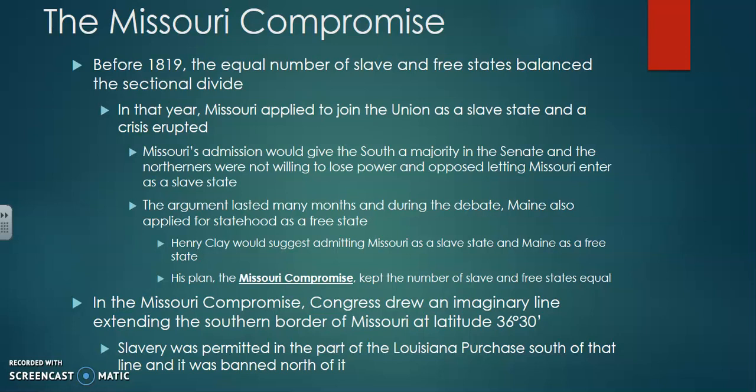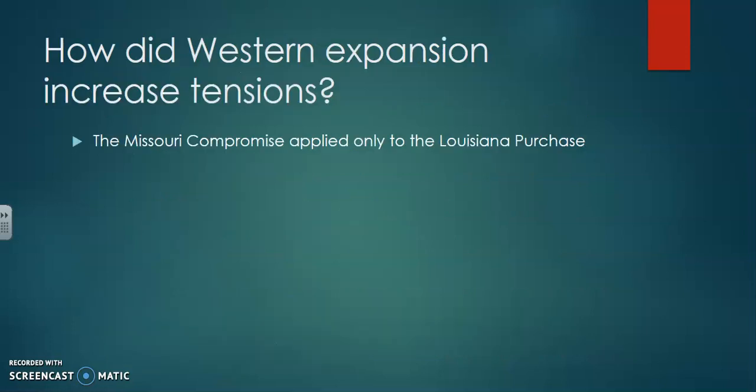So slavery will be permitted in the part of the Louisiana Purchase south of that line, and it was banned north of it. Remember, this only applies to the states created during the Louisiana Territory Purchase. So the Missouri Compromise will apply only to the Louisiana Purchase.